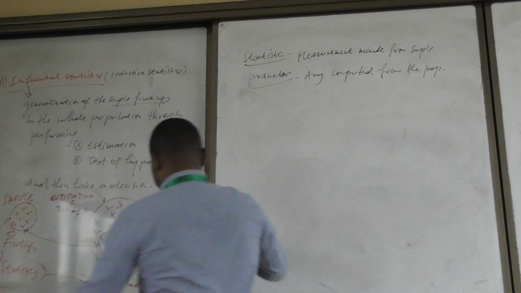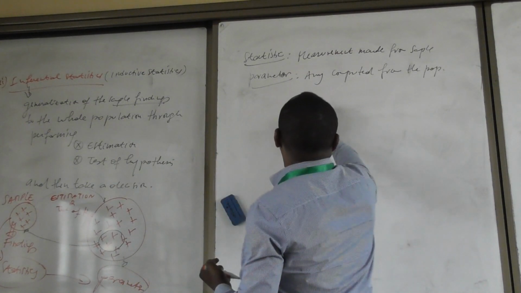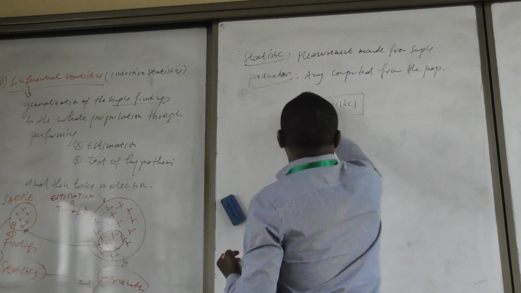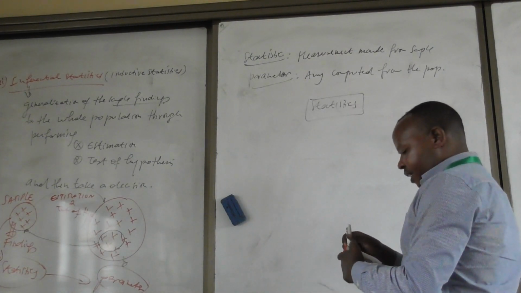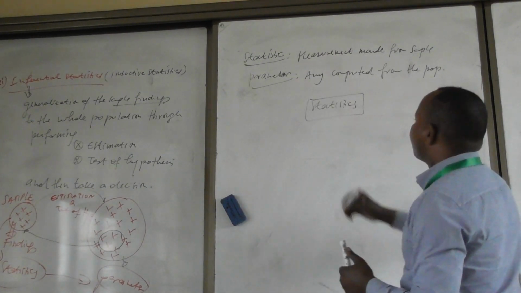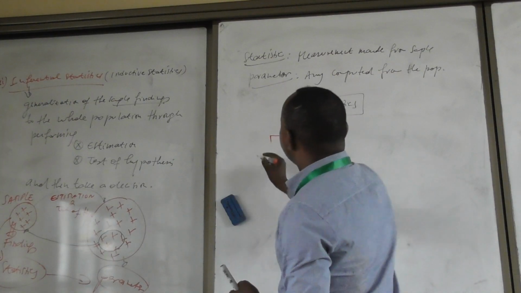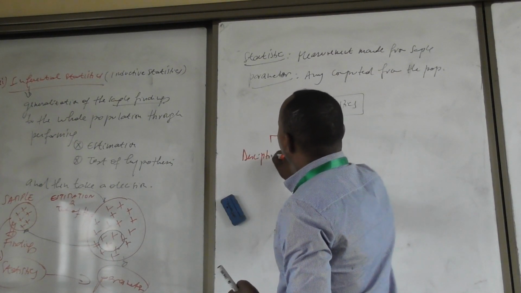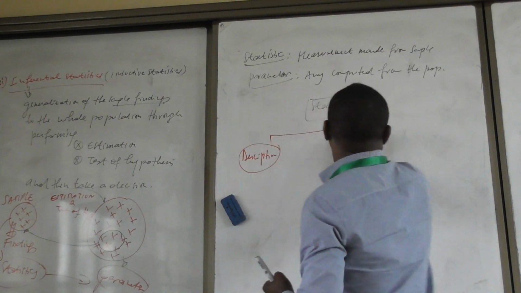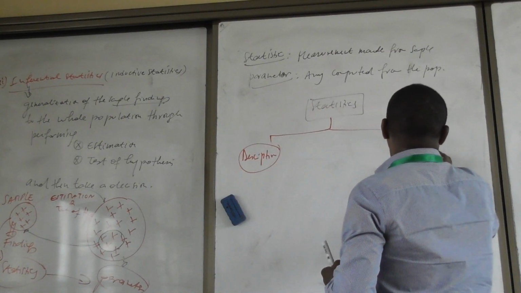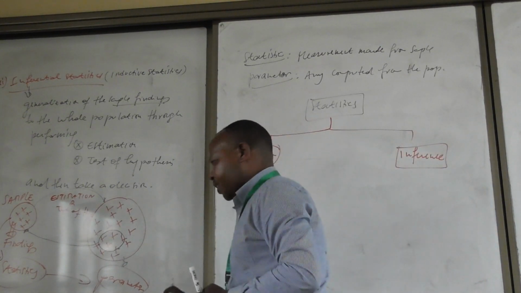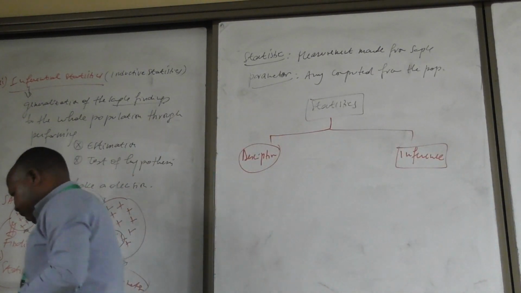Generally, as a summary, statistics has two branches: description and also inference.